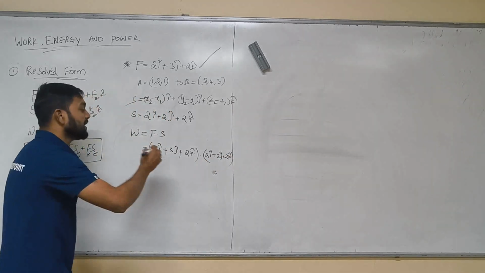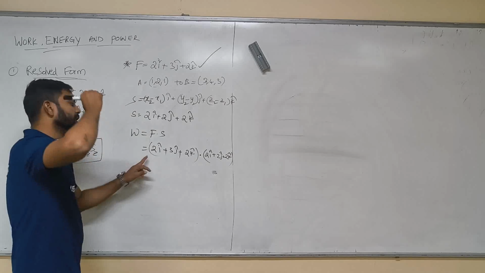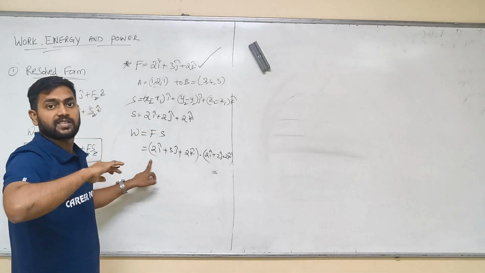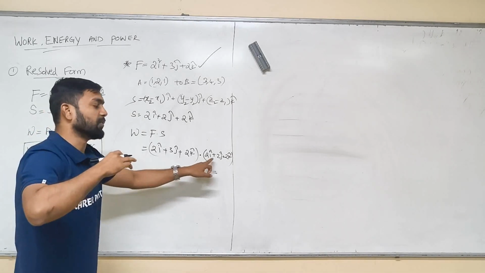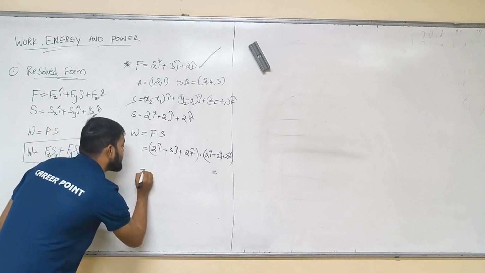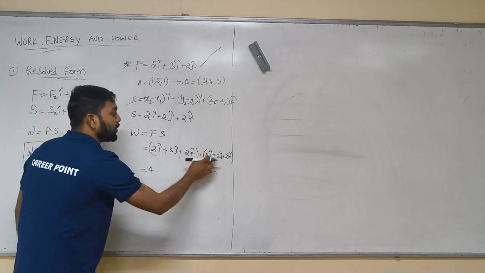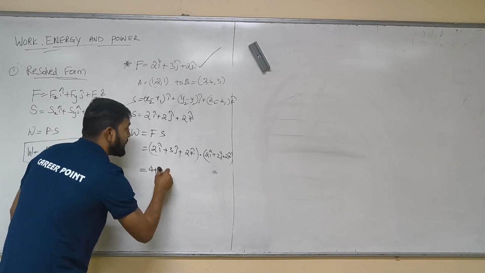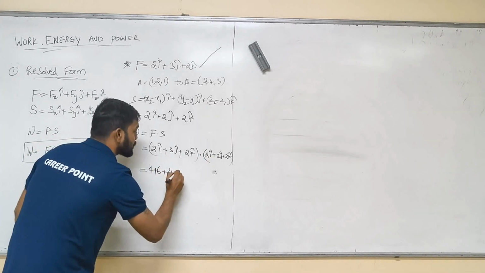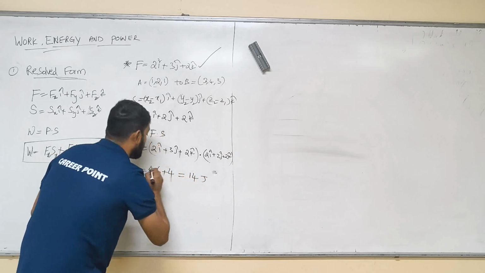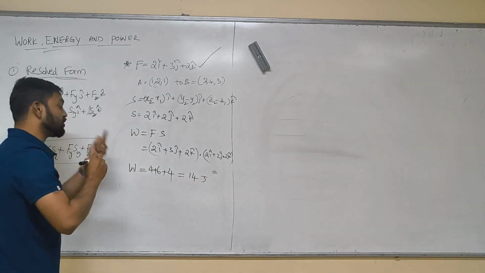For the dot product you need to multiply x components, y components, z components. So the work done will be 2 into 2 that is equal to 4, 3 into 2 that is equal to 6, plus 2 into 2 that is equal to 4. So the work done will be equal to 14 joules.